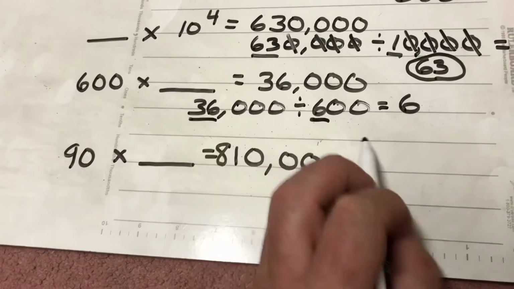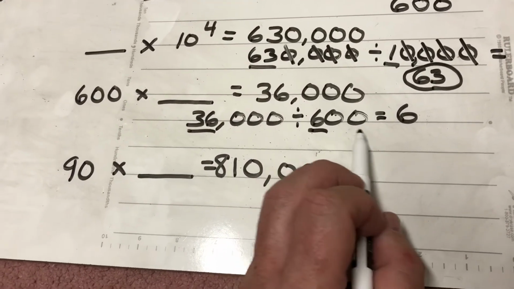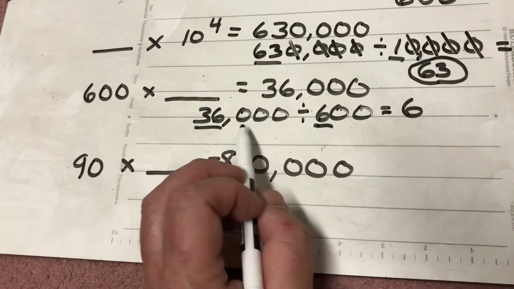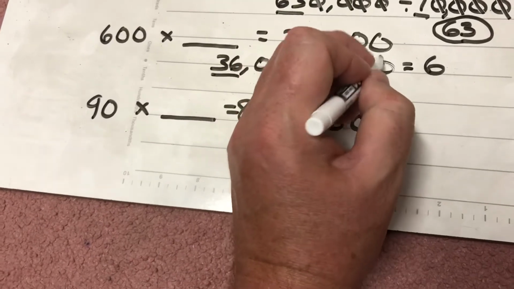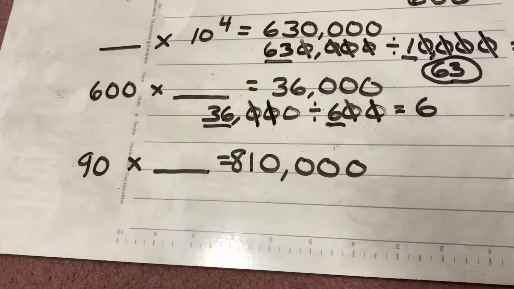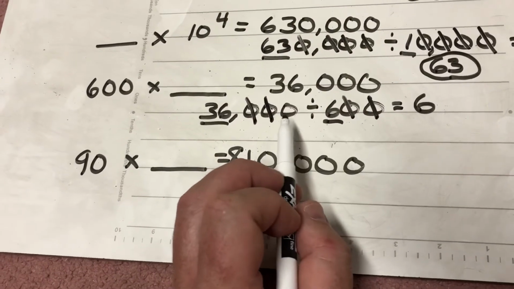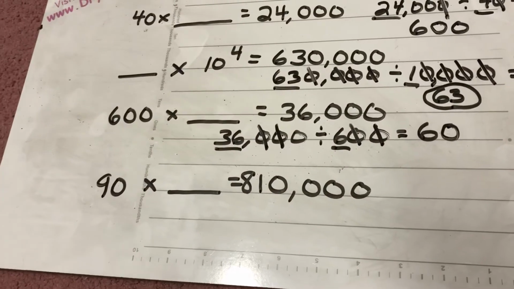When I do that, because I know that 6 times 6 is 36, I see I have 2 zeros here, but I have 3 over here. So this side has less, so I'm going to cross the 2 off that are here. I'm going to come over here and cross 2 of the zeros off, and I see that I have 1 zero left. That 0 has to become part of my answer.